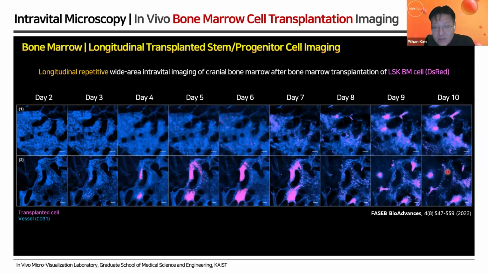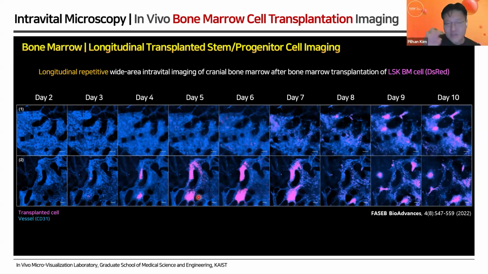So we can see the whole process, how these transplanted bone marrow cells fill up the recipient bone marrows one by one, right? First in the middle and this area, right? So it's like a sequential filling up of the bone marrow by the transplanted bone marrow cells.